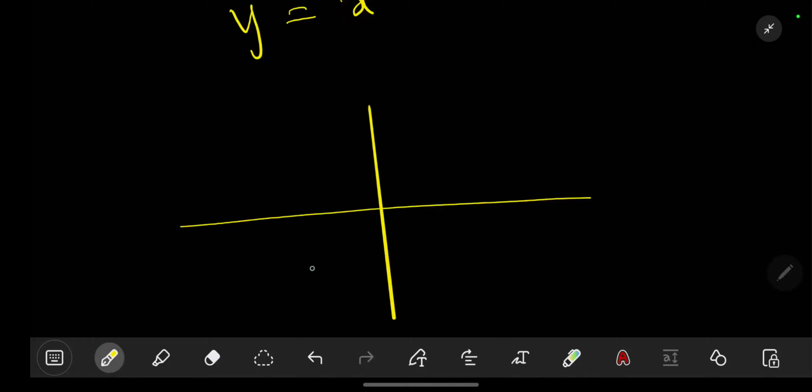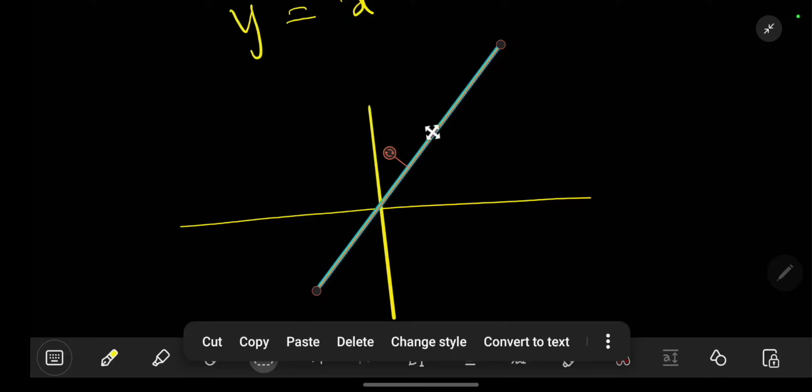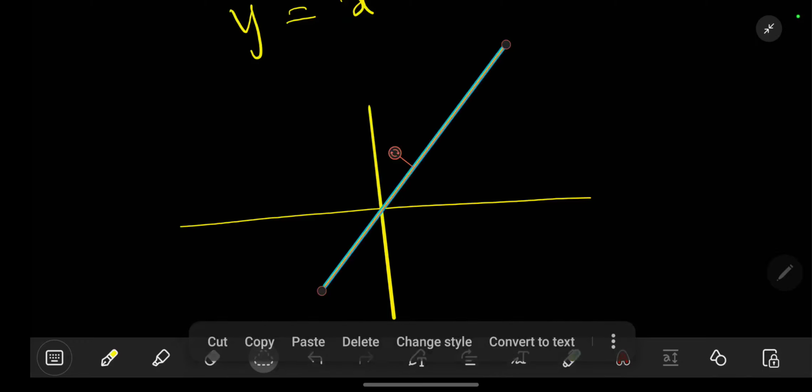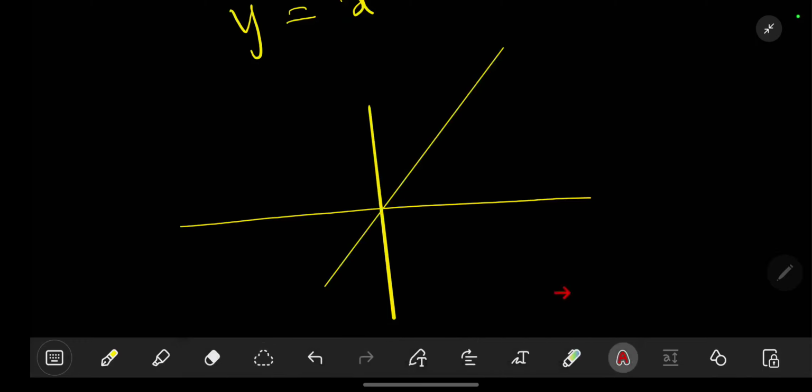This equation passes like that. So this is the equation y equals x. This line cuts at 45 degrees, also here 45 degrees, like that.